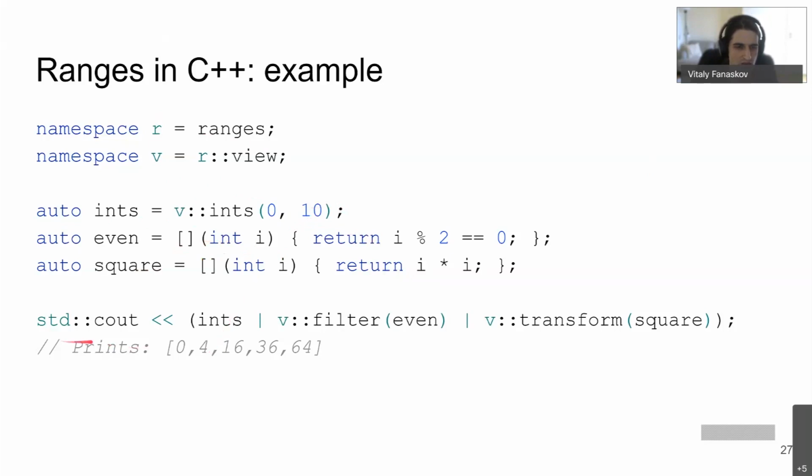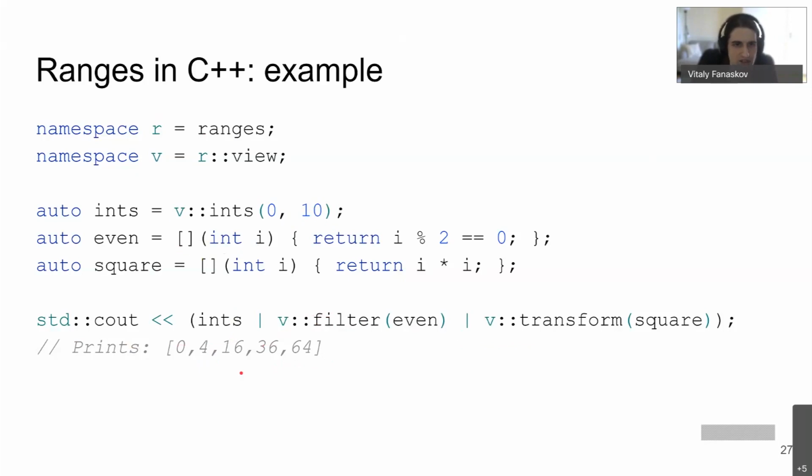And here we are creating this pipe with this technique, also known as fusion in functional programming, I guess, because no intermediate states are created in this pipe. Then it prints like this, because ranges provide this overload for the ostream operator, but it's kind of equal to the loop that would print elements.